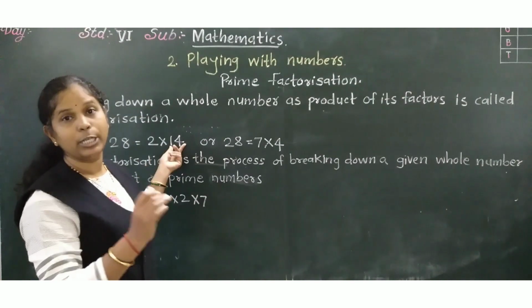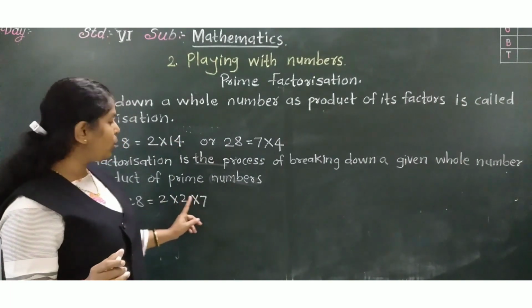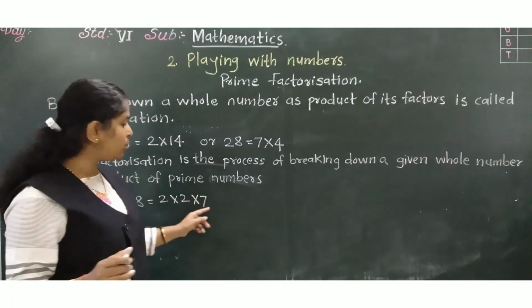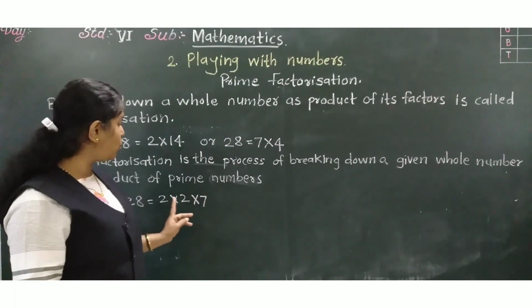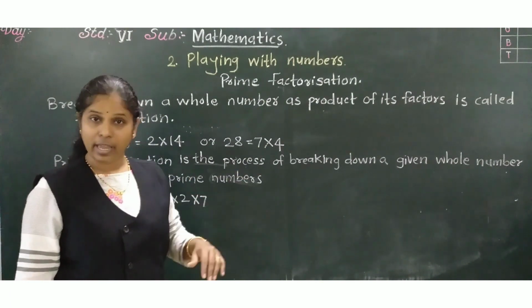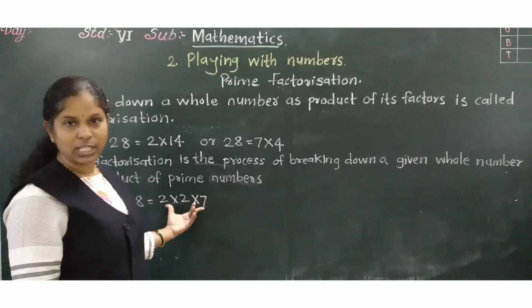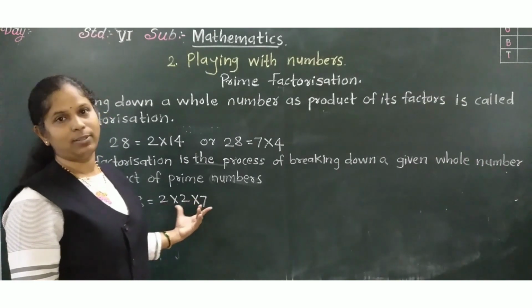We can divide it into 7 2s are 14. And so see here, 2 into 2 into 7. Now all the digits are prime numbers, 2, 2 and 7. Correct? Here composite numbers are not there.